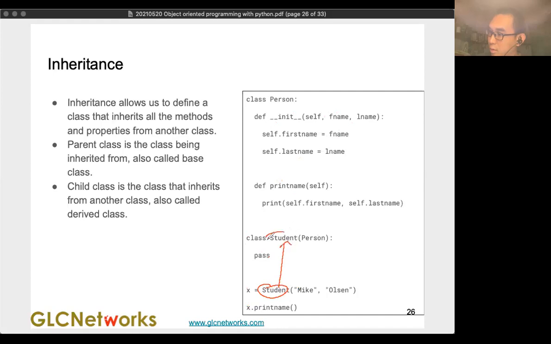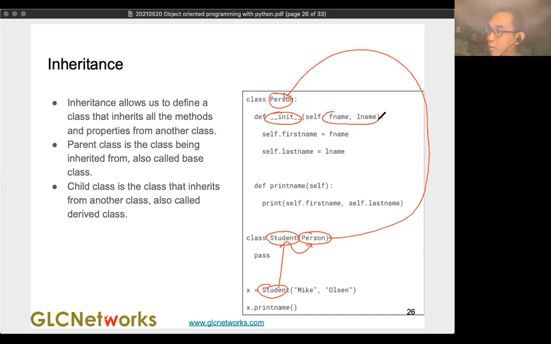We call this one, and because student is a child class, it will call the parent class here. Because the parent class has init, it is executed, and init receives two parameters. So the arguments that we send here will be put there.